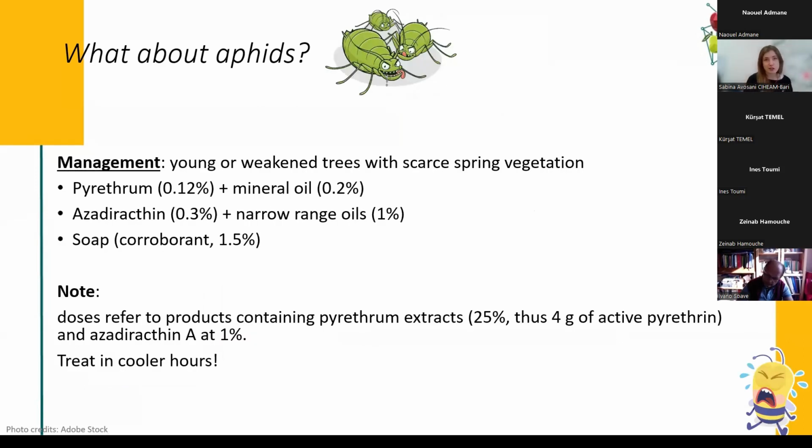In case of extremely difficult infestation, or if your trees are already weakened by other diseases, you can use organic insecticides, so pyrethrum, mineral oils, azadirachtin. But again, if you can avoid it, it's better.